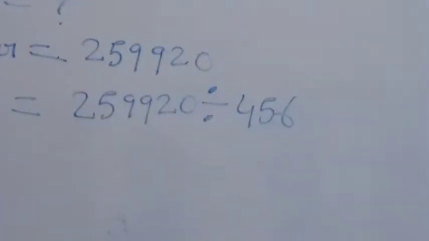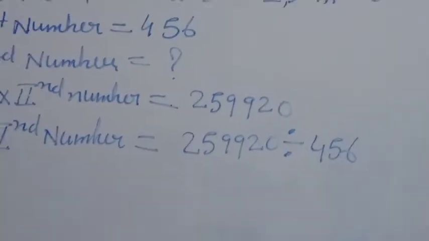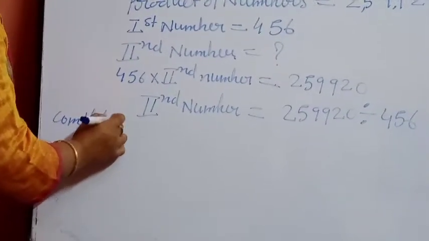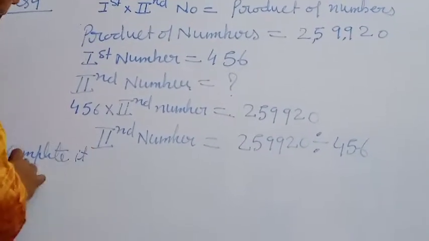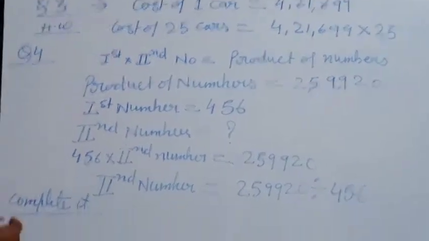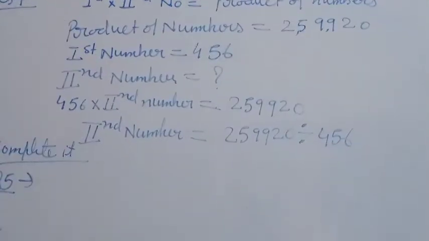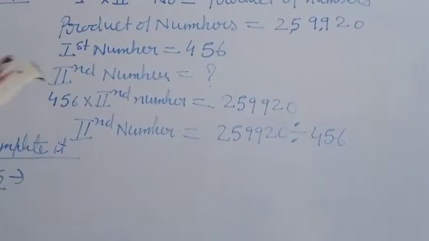In this way you can complete this one also. Okay. Complete it. Then perform division. Whatever answer will come, that will be your answer. Okay. Everybody is able to do the division, and whatever answer will come, that will be your second number.